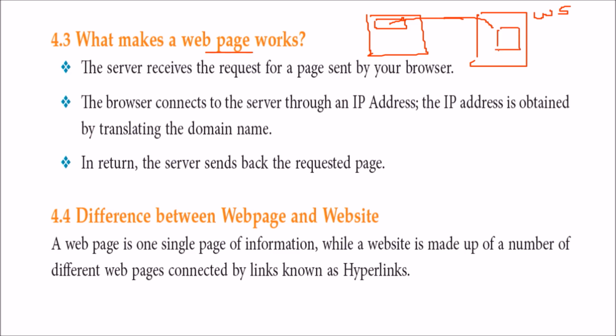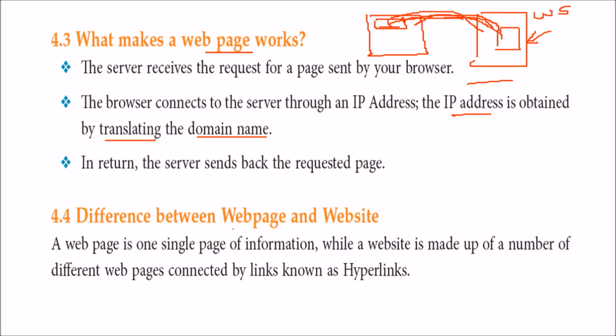There is a website here. Now this link or this address will request. The browser connects to the server through some IP address. This web server has some IP address. This IP address is obtained in the background by the domain name server. So this is going to translate what you write into the IP address. So in return, the server will send the required page to the browser.